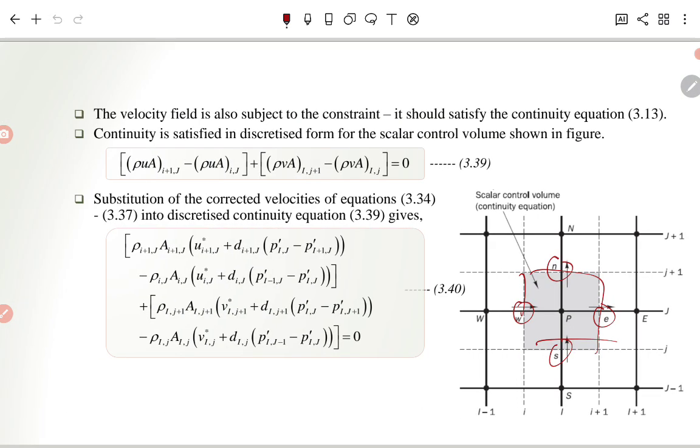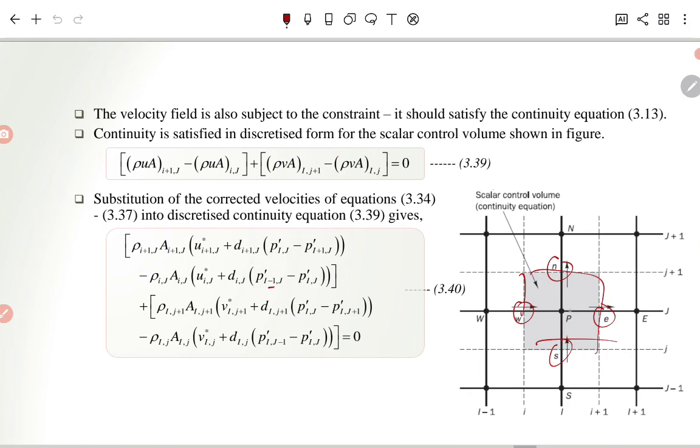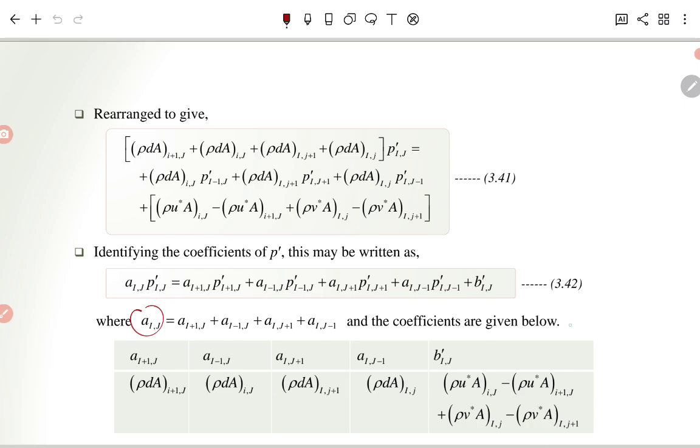So with all this notation of I and J here, you can simplify, and at the end we can write down the A_ij, where the properties here in term n are the coefficients as in this equation.